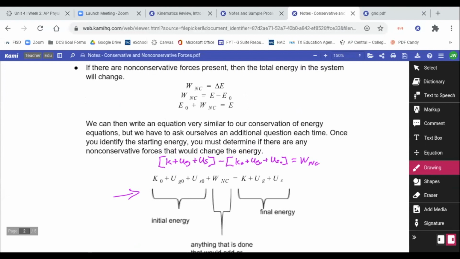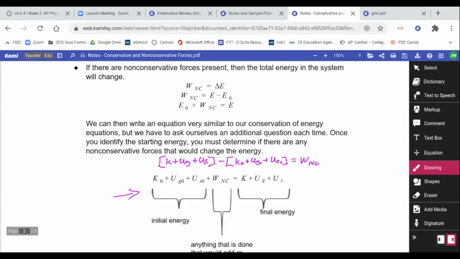Yes. Now, you're going to use parts of it, though. You can use it the way it's written right now in purple on your screen. And what you would find is if there's no non-conservative forces, you're going to end up with zero, because your final total energy minus your initial total energy, if you've conserved all of your energy, is zero because it's the same amount.